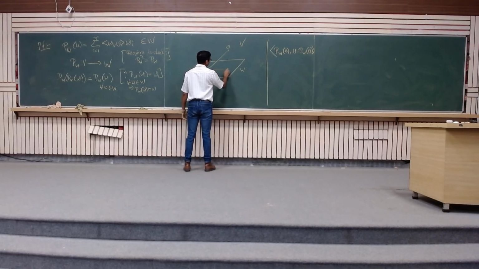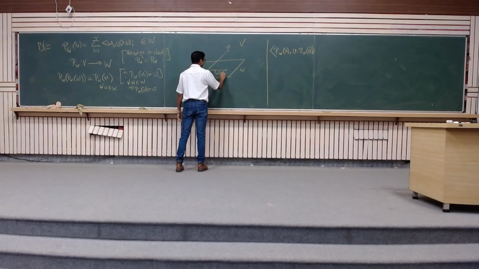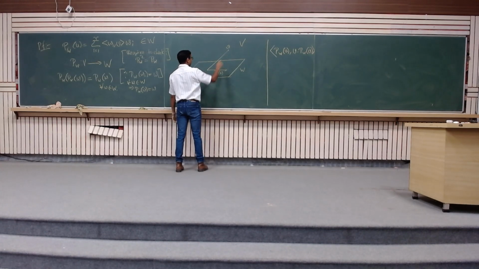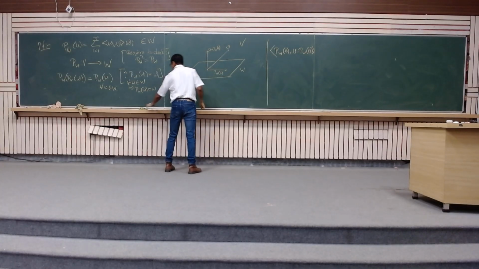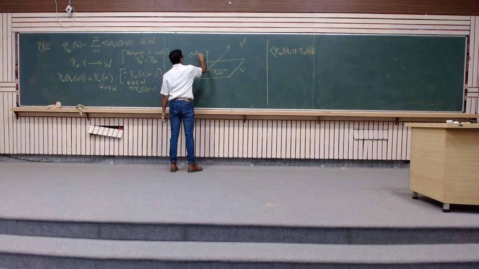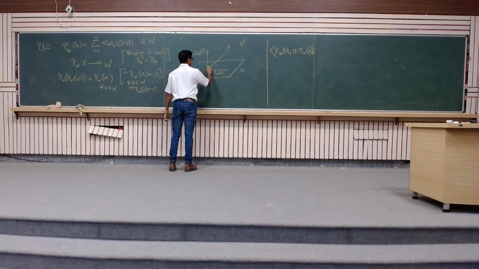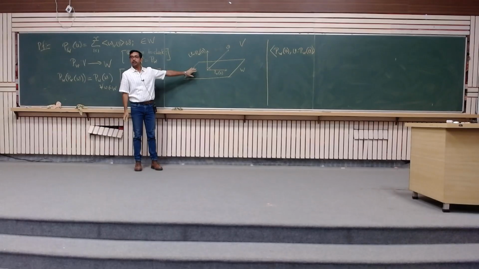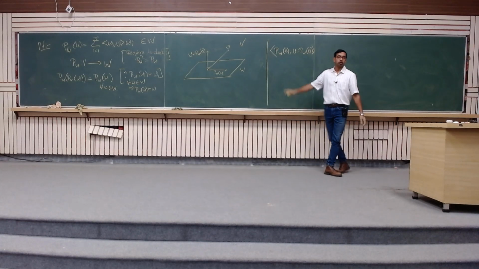Suppose this is P_W v, and your v minus P_W v would be this one. That is a claim that P_W v and v minus P_W v will be orthogonal to each other.